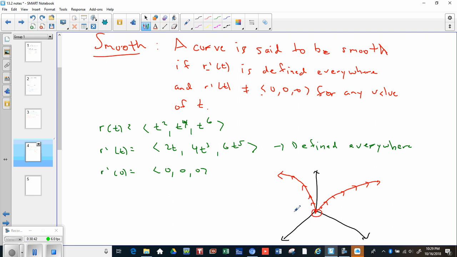And you can see that at 0 you would have no tangent vector. So it's not a smooth curve. It's going to bend down, it's going to cusp, and then it's going to go back out. So this is not a smooth curve. But ultimately, algebraically, this is what we're looking for. R prime of t has to be defined everywhere, and r prime of t cannot be made the 0 vector for any value of t. That's the big concept right there.